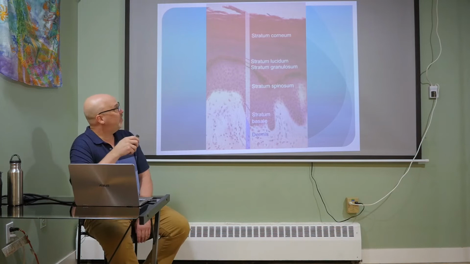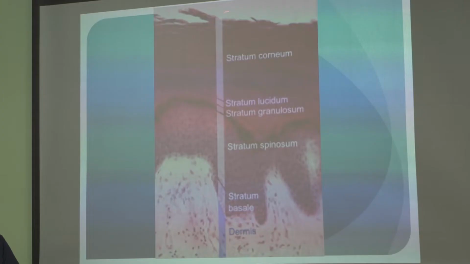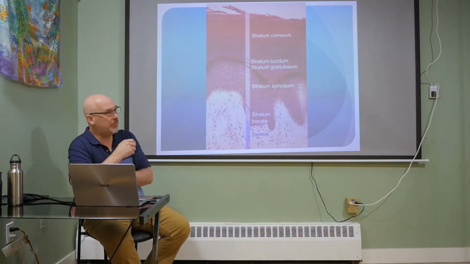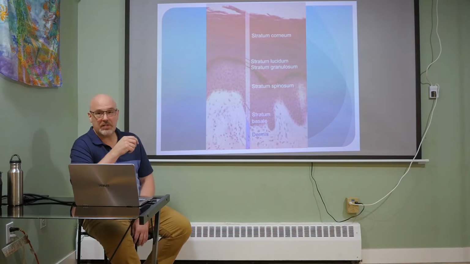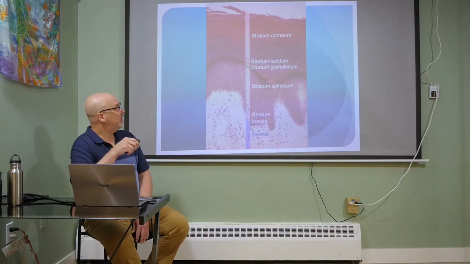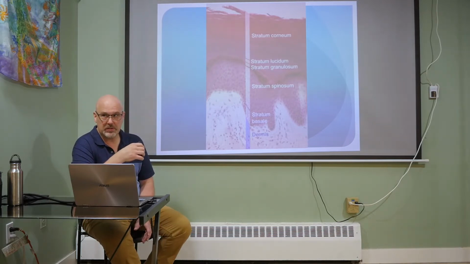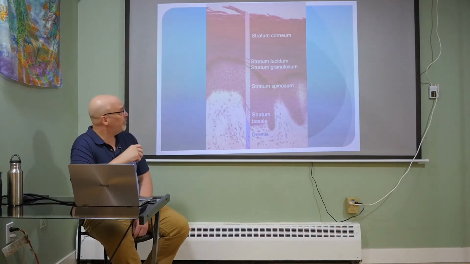Those cells are designed to be sloughed off, right? So they're designed to be sloughed off as part of the system that protects us from wear and tear. So every time you move your clothes and every time a person brushes against something, every time they're rubbed, some of these cells are sloughed off. And when they're sloughed off and left lying there, they provide some nutrition for your flora. We're going to talk more about that because the flora is part of your system of defense.